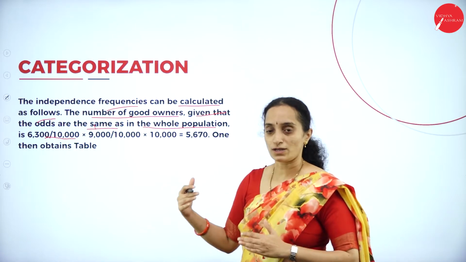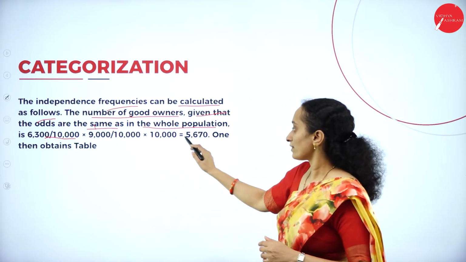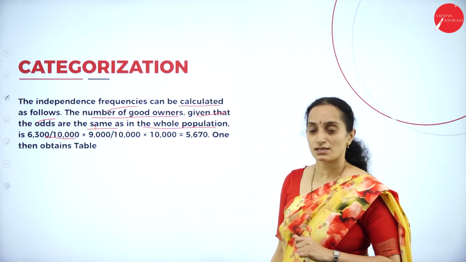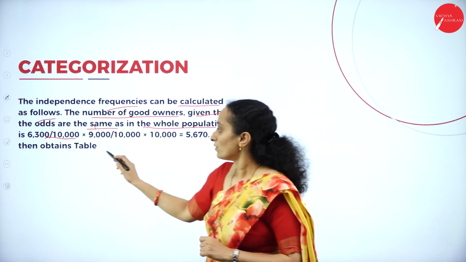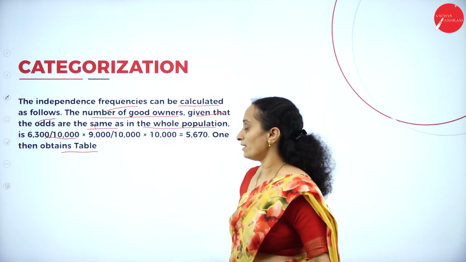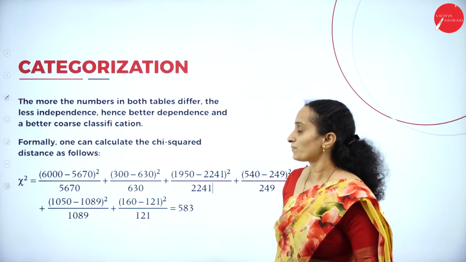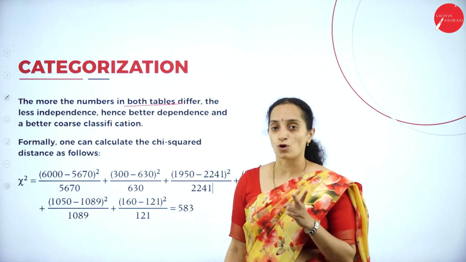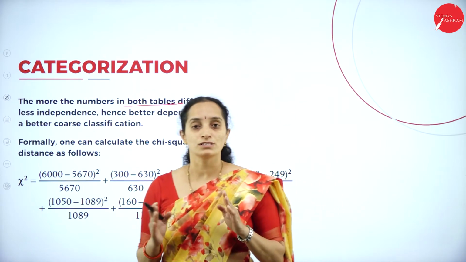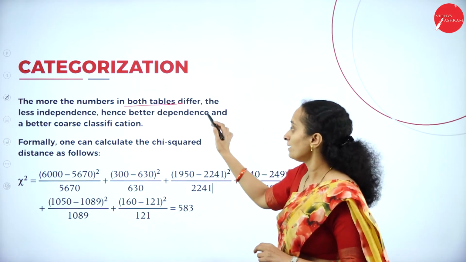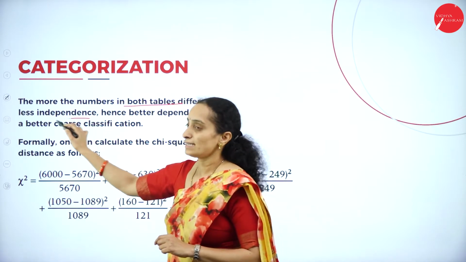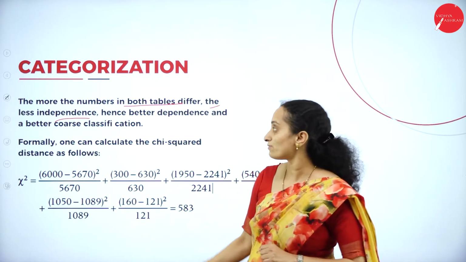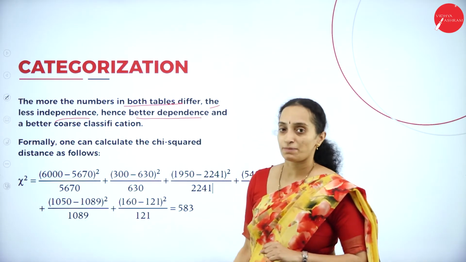That is the total it is considered. Into 10,000 equals 5,670. So it obtains the table for which the more the numbers in the two tables differ, we have 2 options. As the values in the 2 tables differ, the less independence the values will have, hence better dependence.